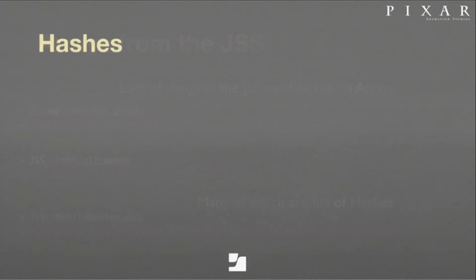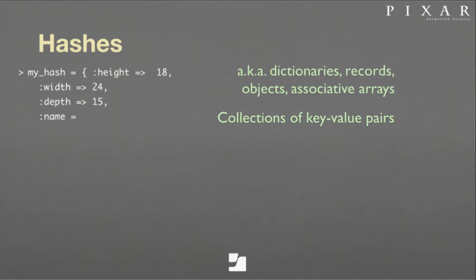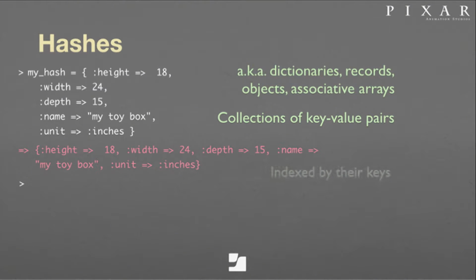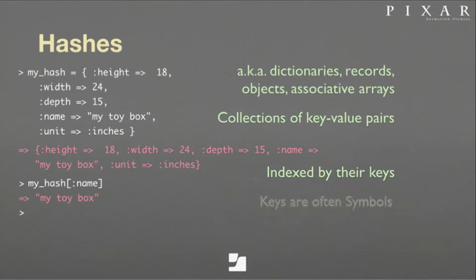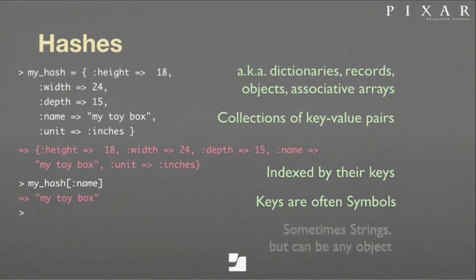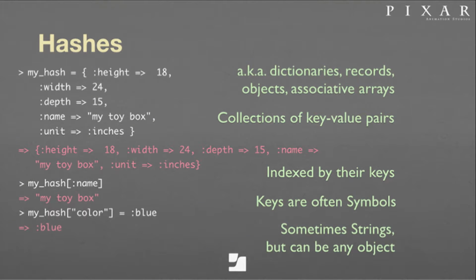Next slide tells us about hashes. Hashes, also known as dictionaries, records, objects, or associative arrays, depending upon what language you're coming from. They are collections of key value pairs. So they're similar to arrays, but instead of referencing the things inside them by their order inside the array, they're referenced by these keys. And here's how you make a hash.